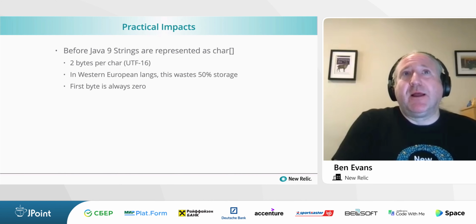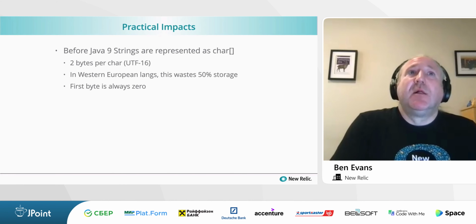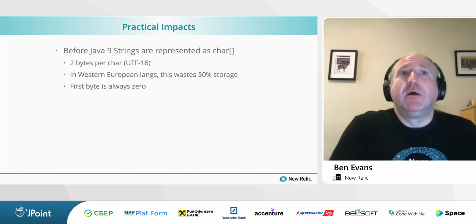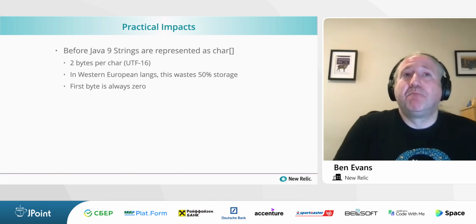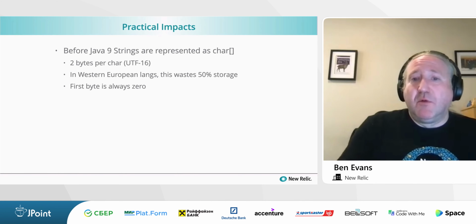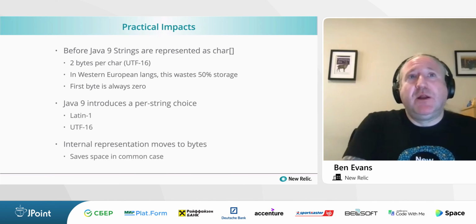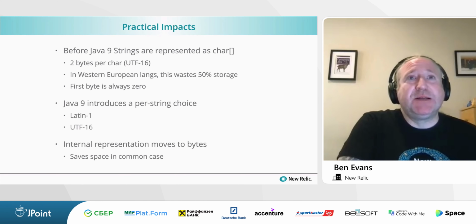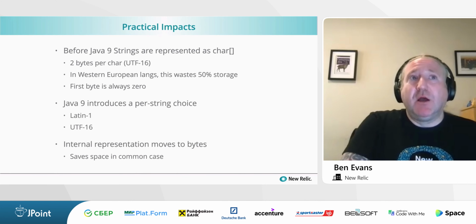Now, for a Western European language, this means you're going to waste 50% of storage. For folks that deal with Cyrillic a lot, this advice may not apply to you as much. But for Western European languages, the first byte of any char is pretty much always 0. So in Java 9, you can actually have a per string choice. And it automatically detects how a string is to be encoded.